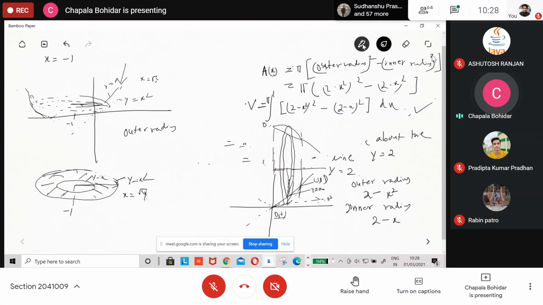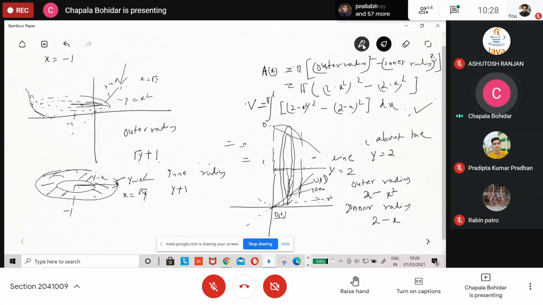So here the outer radius is this minus this value. So it is root y plus 1, 1 unit more than this value. Similarly, this is the inner radius, that is y plus 1.